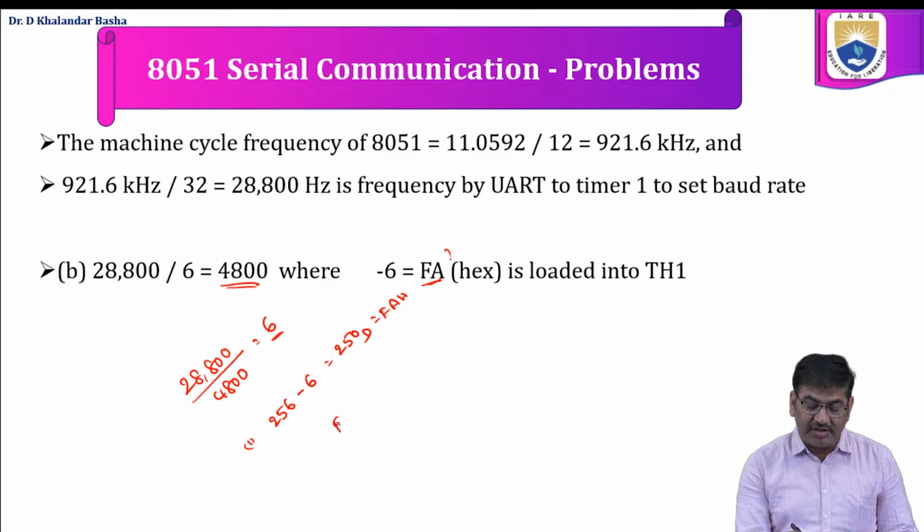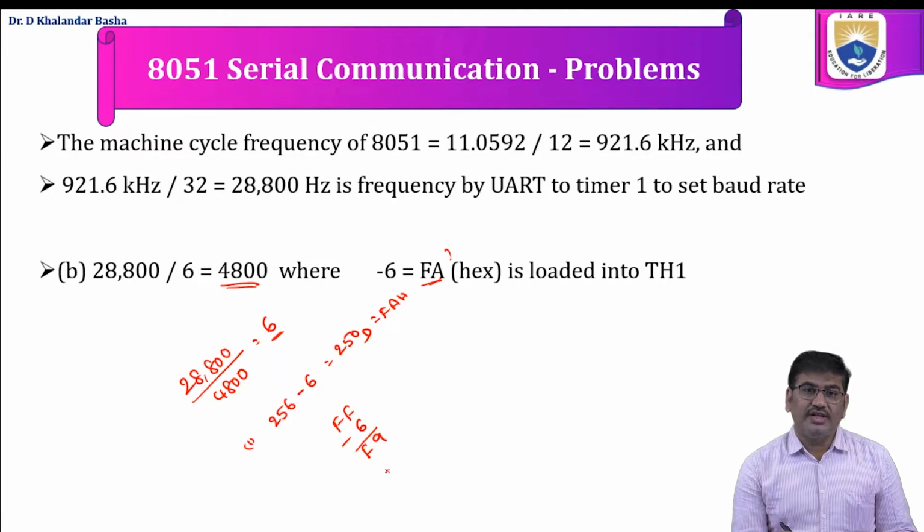The second way is the maximum value we can have in TH1, which is FF. From that, subtract 6. F minus 6, F is 15, 15 minus 6 will give us 9. This is F9. As the count starts with 0, we are going to add plus 1.